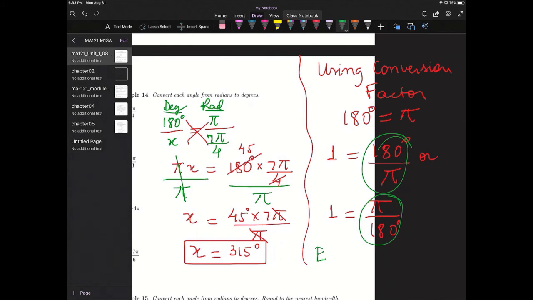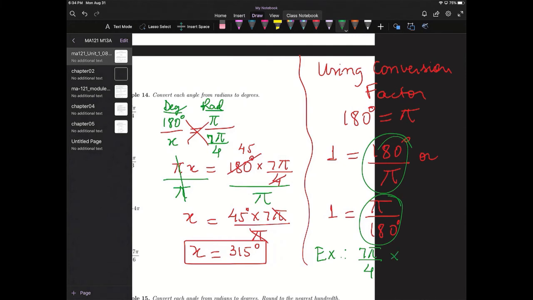The answer is going to be the same. Now this is radians. Since I want to convert from radians to degrees, my fraction should have degrees on the top, because radians on the top will cancel with radians on the bottom, and what is left over as a unit would be degrees.